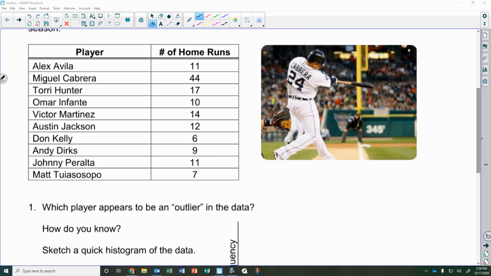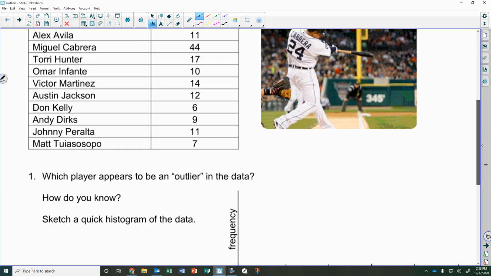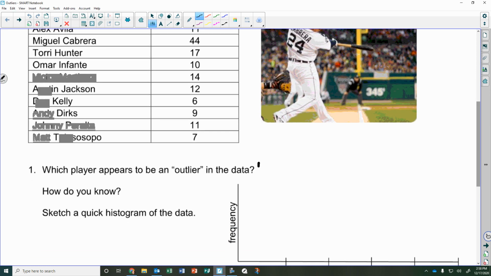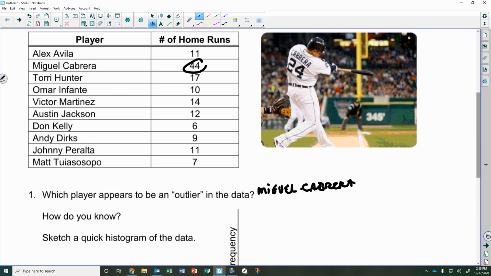So it says, which player appears to be an outlier in the data? Well, that would be Miguel Cabrera. Because, again, you can see that his number is way outside. You see a lot of the numbers here in the teens, and a few that are a little on the lower side, but most of them are in the teens, and he's way, way out there at 44.